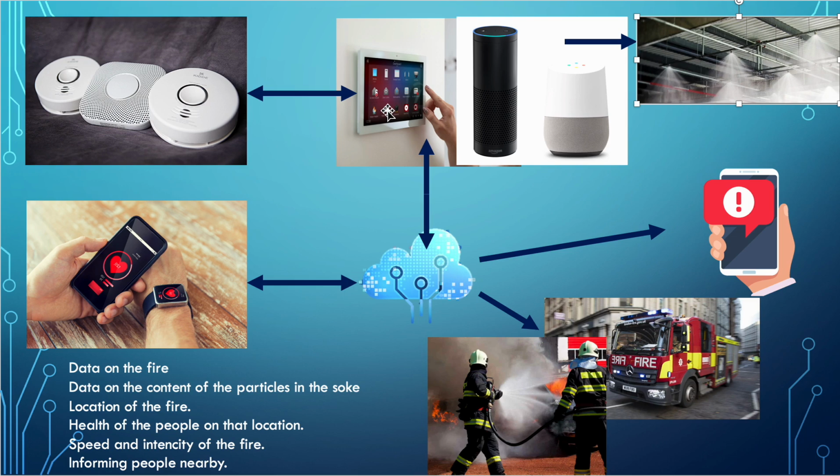By collecting data from the smoke detectors, the control system can use that information to increase or decrease the use of the fire suppression system inside the building to control the fire.